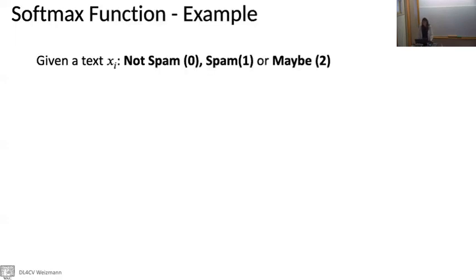So let's start by examining a simple example. We are given a text x_i of some email, and the possible labels are not spam for 0, spam for 1, and maybe for 2. Let's say that our input is of dimension 4.